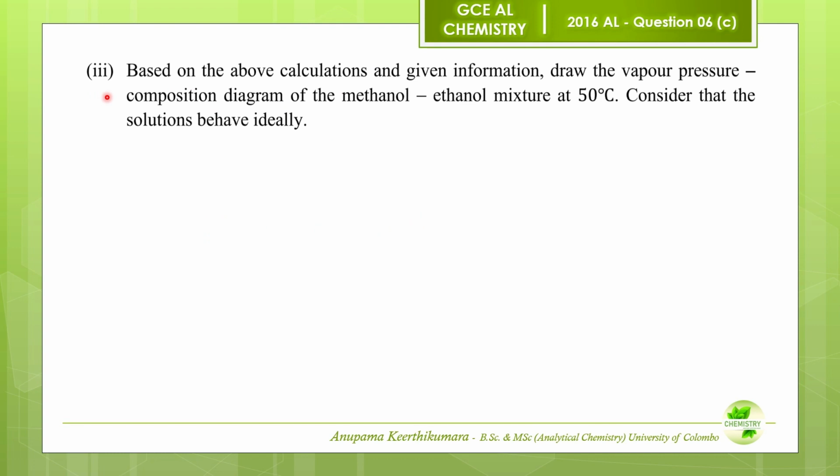Question number 3. Based on the above calculations and given information, draw the vapor pressure composition diagram of the methanol-ethanol mixture at 50 degrees Celsius. Consider that the solutions behave ideally. First, we have to mark the y-axis as pressure.